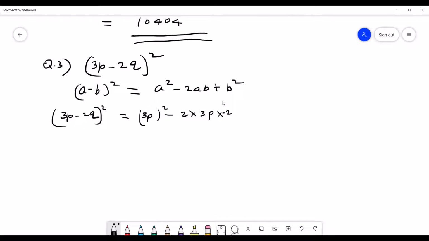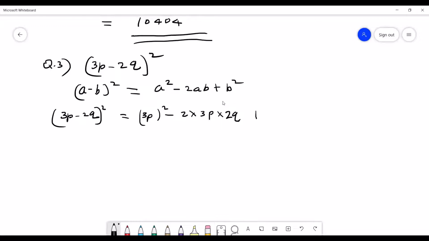There is no need to take the minus here. I had just taken this minus, but you should not take it, because we have already taken the minus in the algebraic identity. So just take 2q. 2q will be representing b.